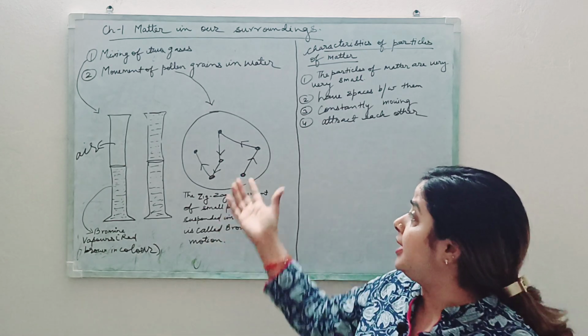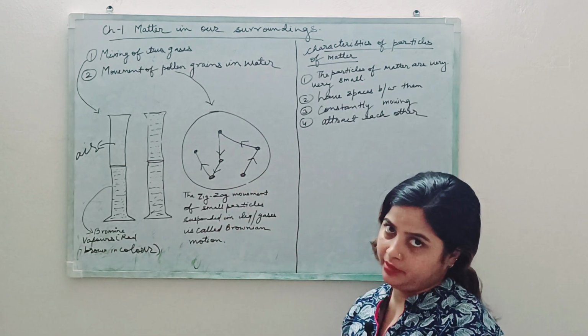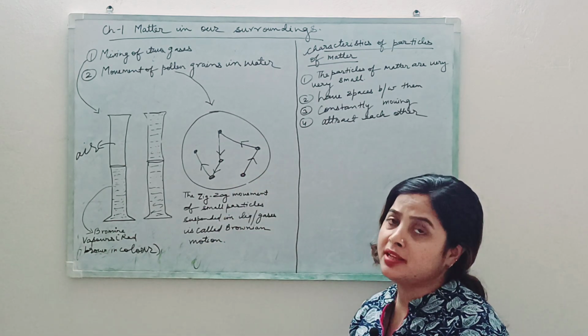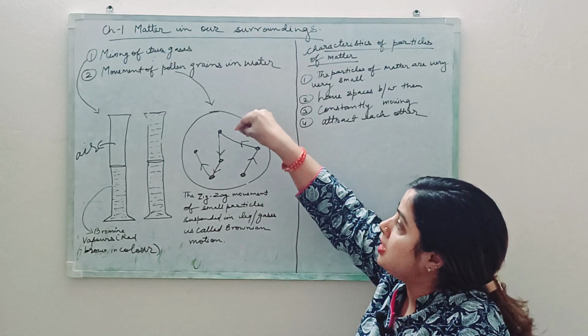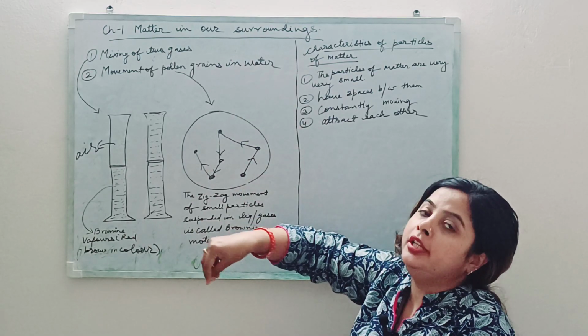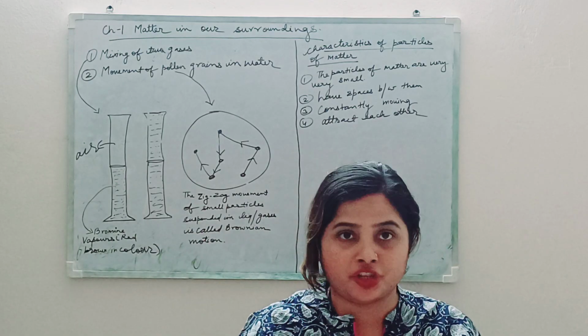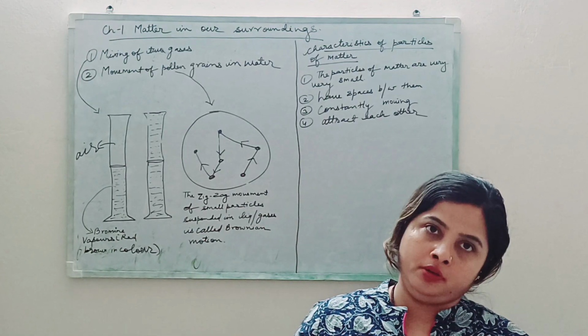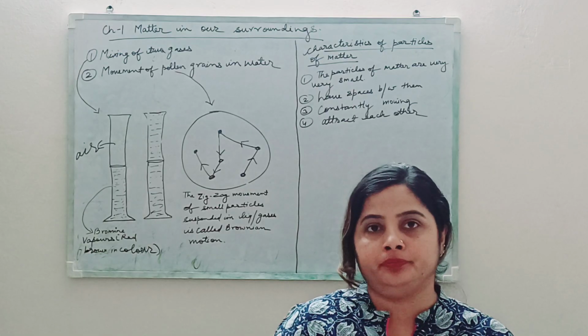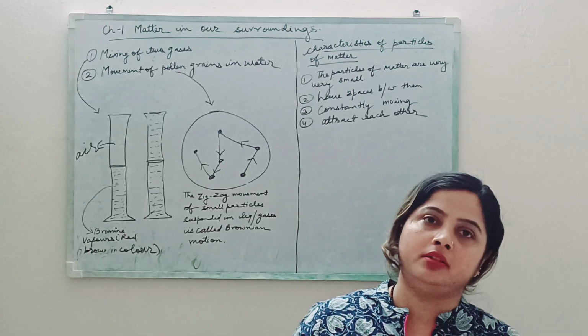So why is this zigzag movement taking place? Can you give me the answer? When these pollen grains are dropped on the surface of the water, they move in the zigzag direction. So why is this happening? Can you give me the answer?